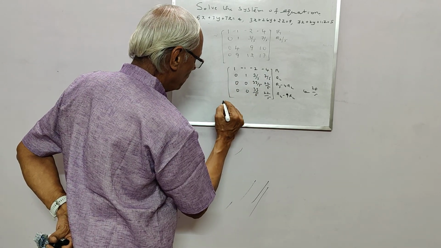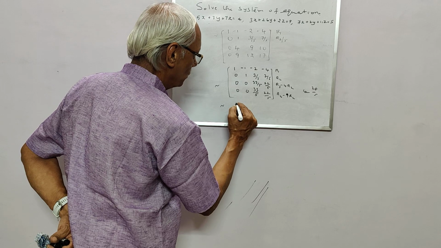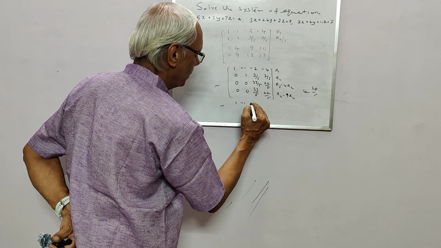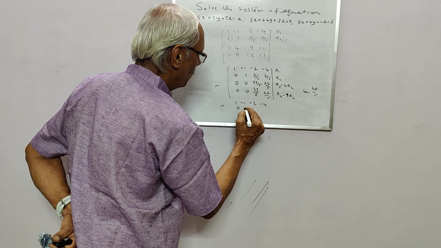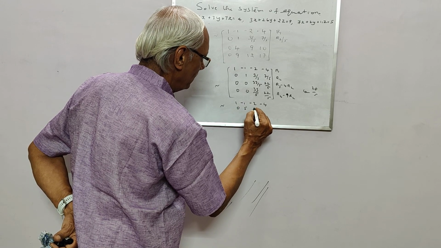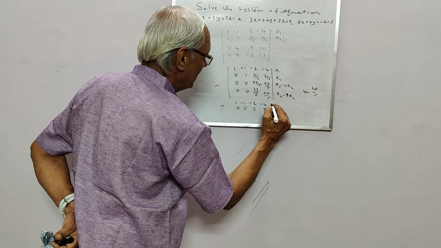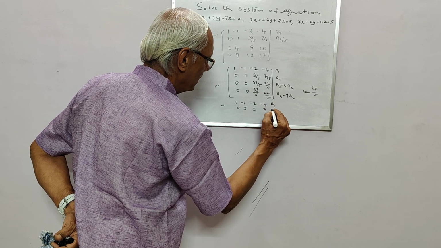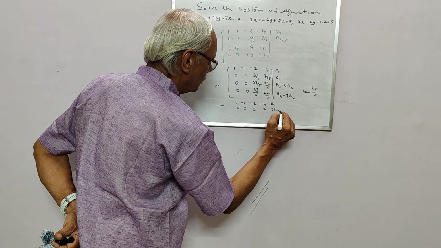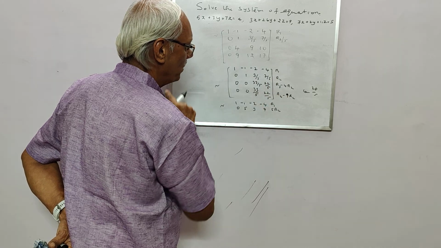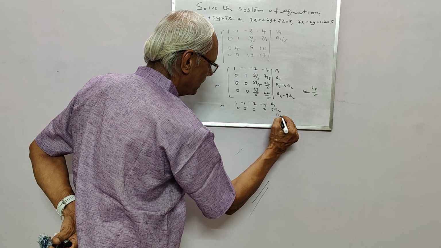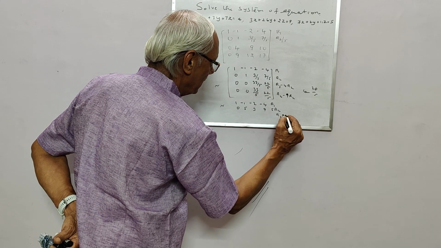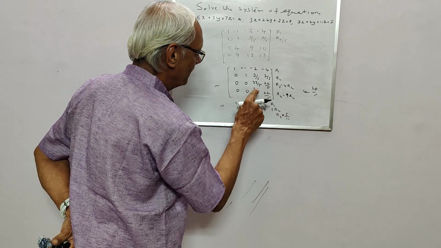Then this is also equivalent to 1, minus 1, minus 2, minus 4, 0, 5, 3, 7. This is R1, R2 multiply it by 5. Then the third one is R3 into 5 by 11.